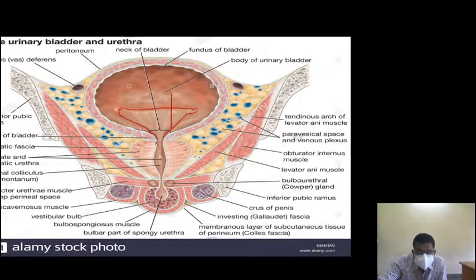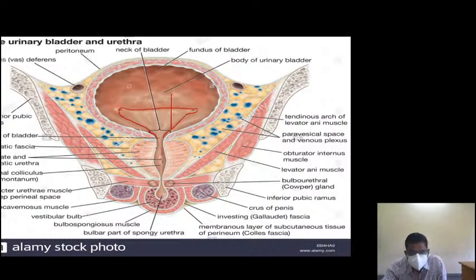There is a median crest-like structure which you can see here, an elevation. This is called the urethral crest. Along with this urethral crest you can also see the prostatic fascia, and then the prostate along with its prostatic urethra.